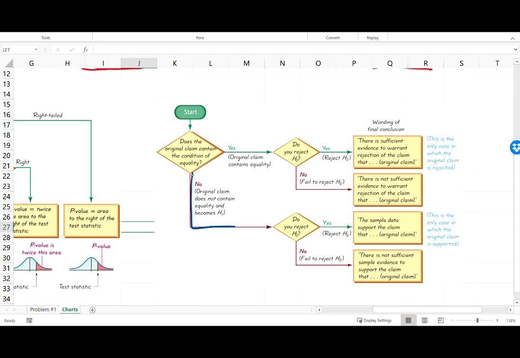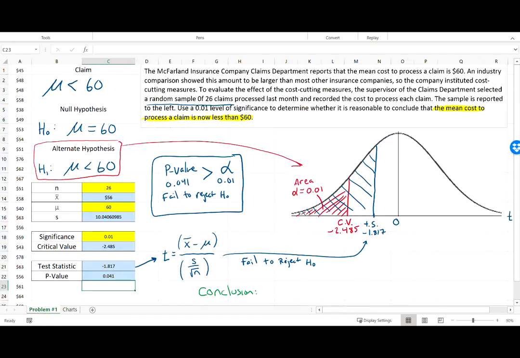No. The original claim was that the mean is less than 60. So the original claim contains a less than sign, not an equal sign. So that puts us here. Second question, do you reject the null hypothesis? No, we did not. So that puts us here. So this one's out, this one's out, this one's out, and here is our final answer. There is not sufficient sample evidence to support the original claim. And so when we state that, we want to be specific.